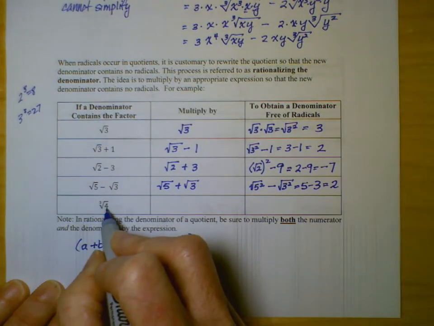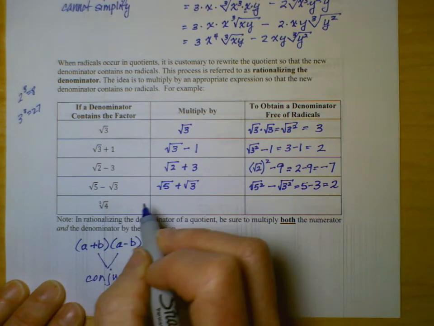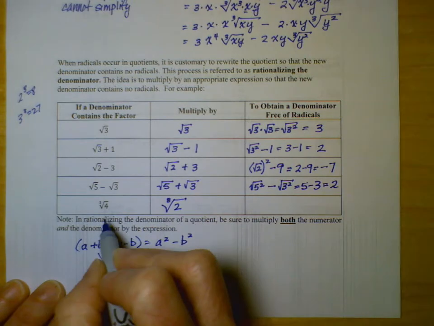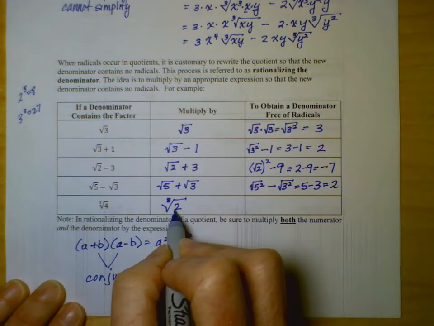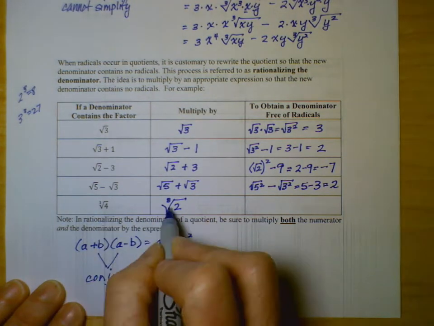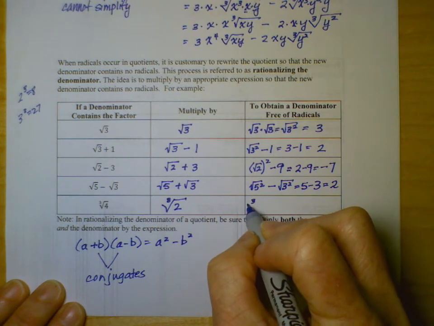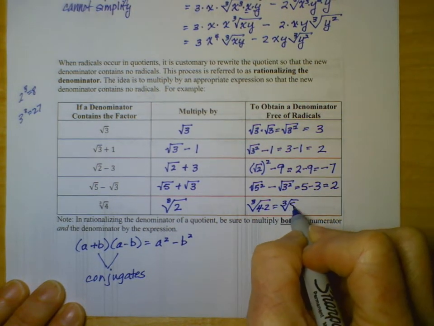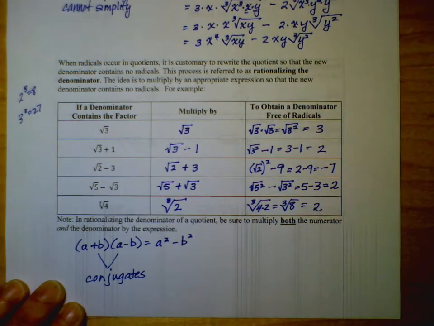Well, can I multiply 4 by something to get 8? Sure. So if I multiply by the cube root of 2, then what happens? Remember our rules for radicals said we can just multiply that and get the cube root of 4 times 2, or the cube root of 8, which is 2.